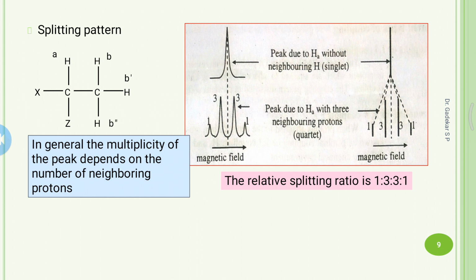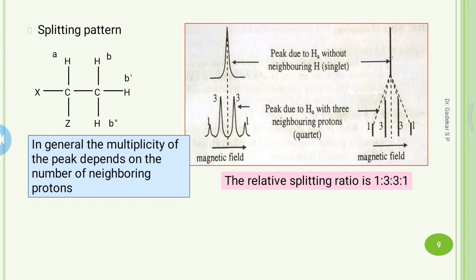N is the neighboring protons. HA interacts with three neighboring protons. 3 plus 1 is equal to 4. In general, the multiplicity of the peak depends on the number of neighboring protons.